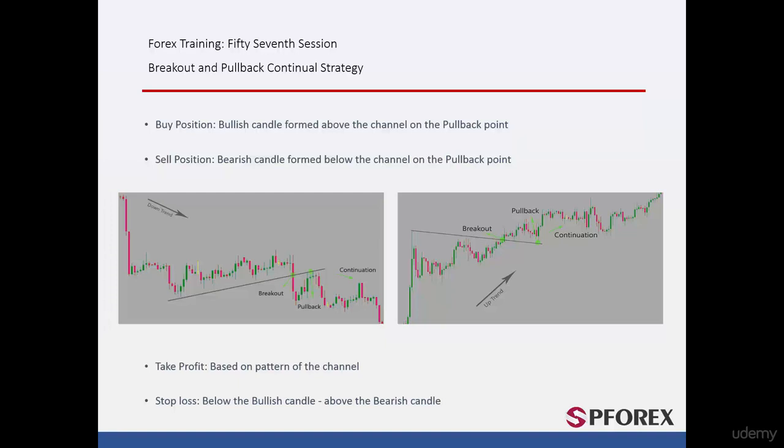TP price could be H pips over the entry price, while SL price is lower than the low price of the given bullish candlestick. On the right graph, after the price oscillated in a gradient channel, it has broken the channel followed by a pullback trend. Finally, a reversal bearish candlestick has formed near the edge of the channel, on the pullback point, so price decreases towards the bottom. A trader could place a sell order under the low of the bearish candle that has formed completely.